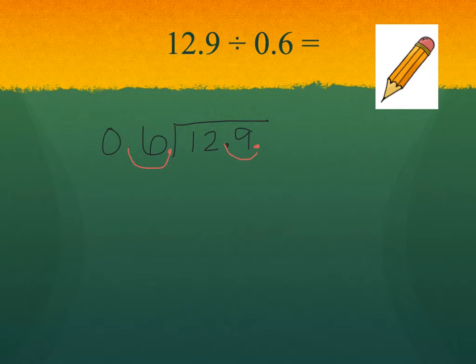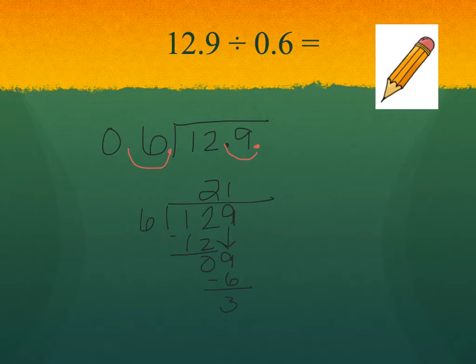Now I can rewrite my problem. This is now 129 divided by 6, which we've done before. 6 cannot go into 1, but it can go into 12 twice. 2 times 6 is 12. Subtract, get 0, bring down the 9. 6 goes into 9 one time, which is 6.